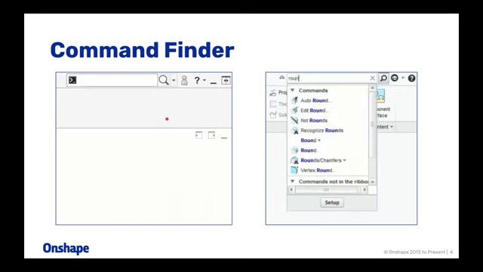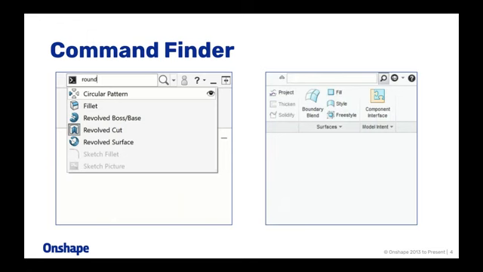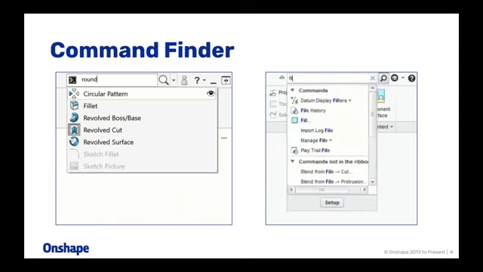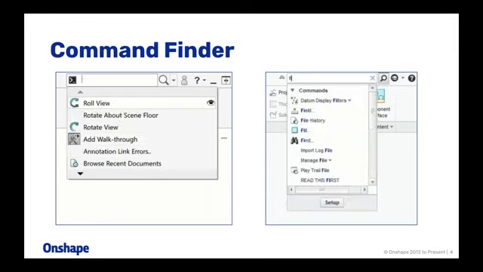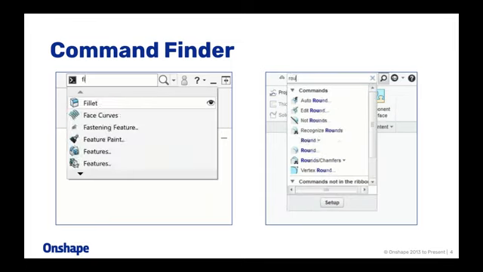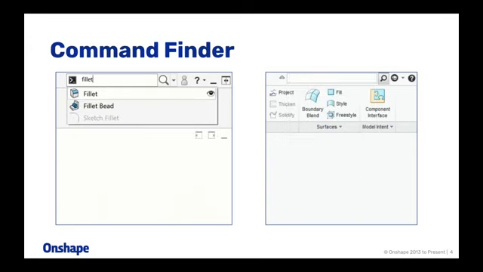In contrast, on the SolidWorks side, they've added more links to more common terms used in different systems. So if you type in round into Onshape, even though the command is called fillet, it will find fillet, but it's also finding things like fillet bead and sketch fillet.